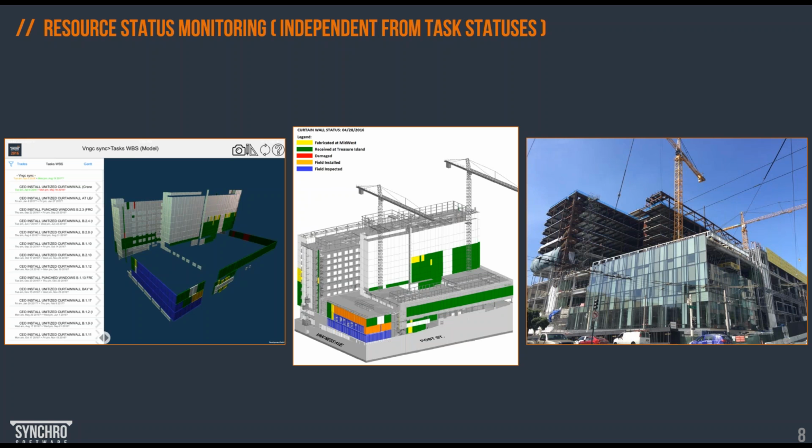Where are our resources? What do they do? What is the quality check on those, and other things like that. So whatever you can imagine in terms of reporting statuses, you can add to the SYNCHRO model, and then report it against the task, against the resource.